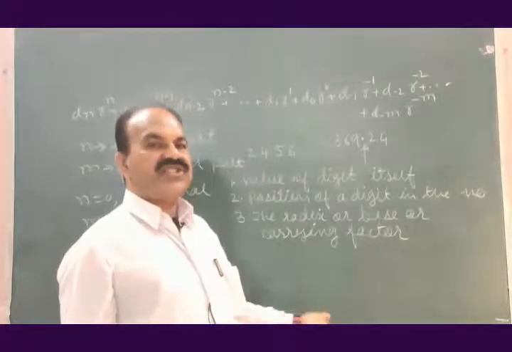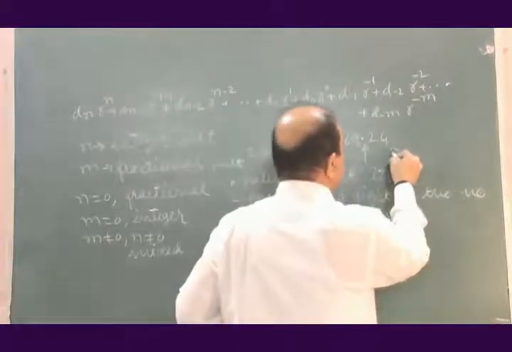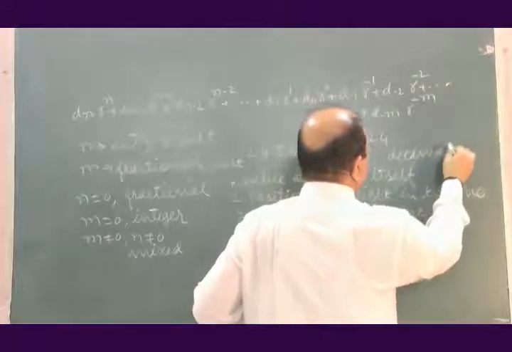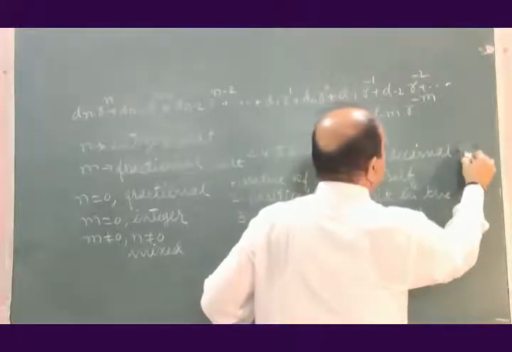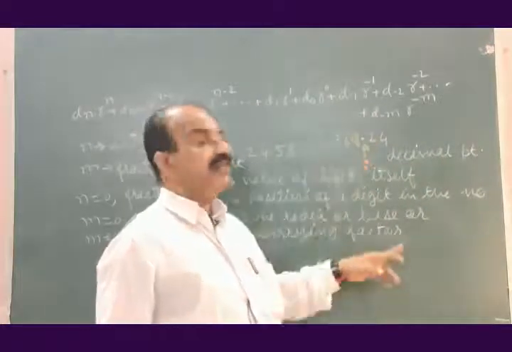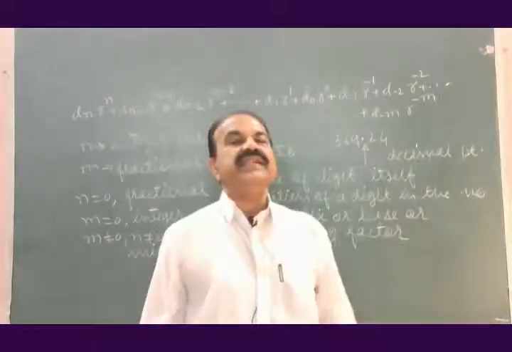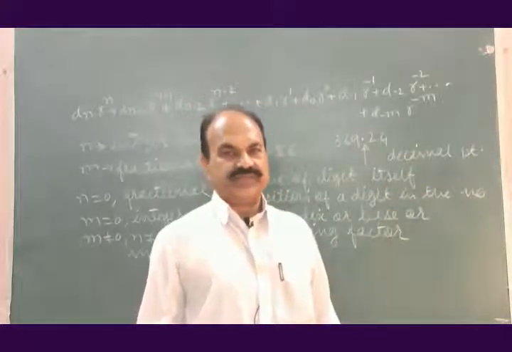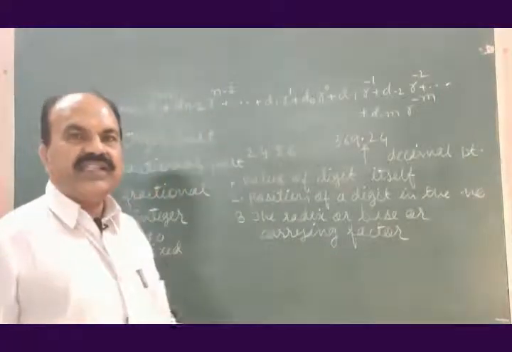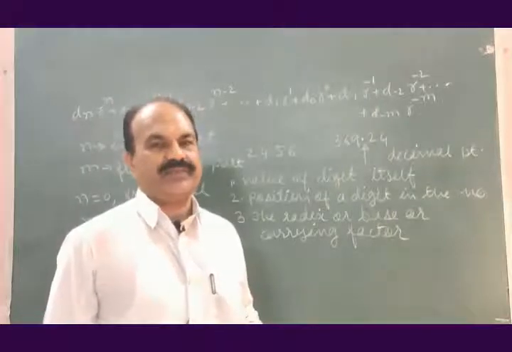For the decimal number system, this radix point is known as the decimal point. This way we can represent numbers in the decimal number system.